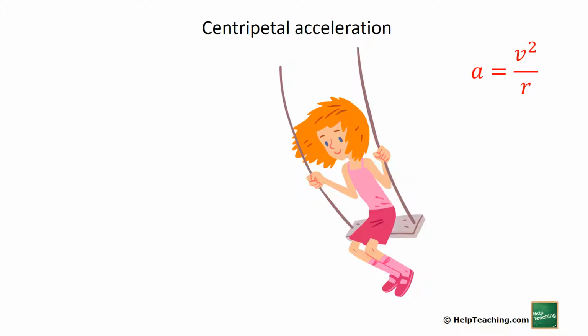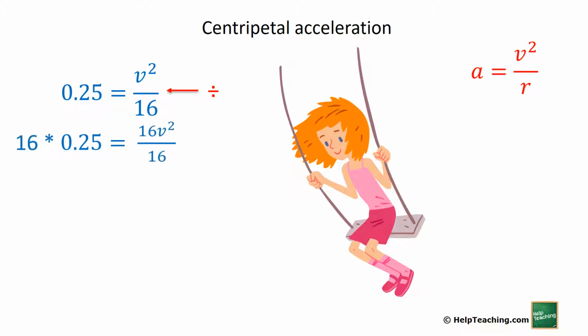In this example, we'll look at centripetal acceleration. Let's say that we know that our acceleration is 0.25, and our radius is 16, what is the velocity? And we can see that our velocity is attached to the 16 by division. That means we're going to multiply both sides by 16. So we get 16 times 0.25 equals 16v squared over 16.